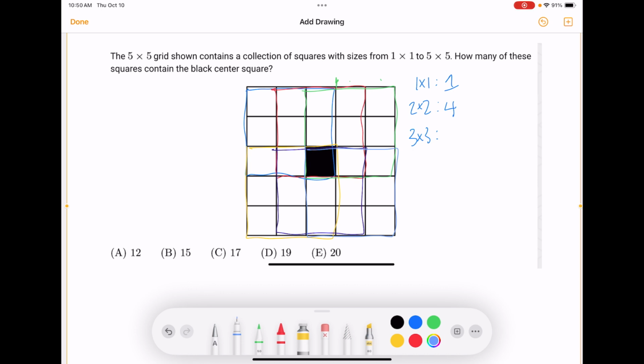But don't forget, that's just going this way, right? We're starting right here and going this way. But what about going downwards? So I'm going to erase this. Going downwards, we can't count this one again, because that's already counted towards that side. So we're going to start off with this square.